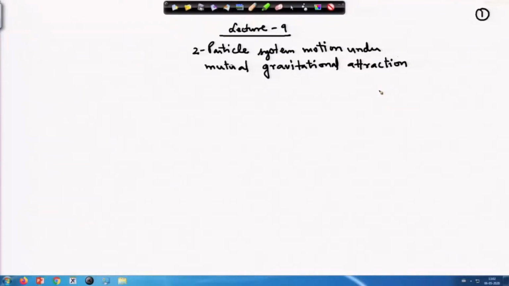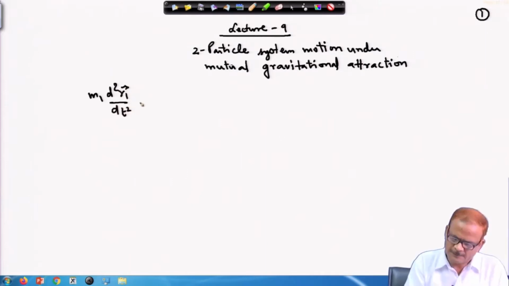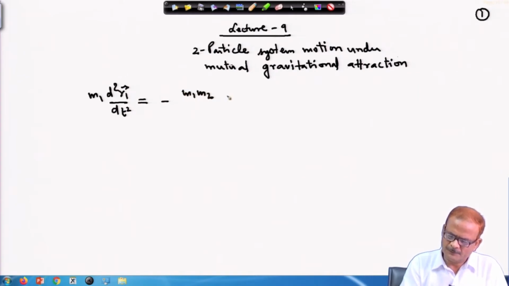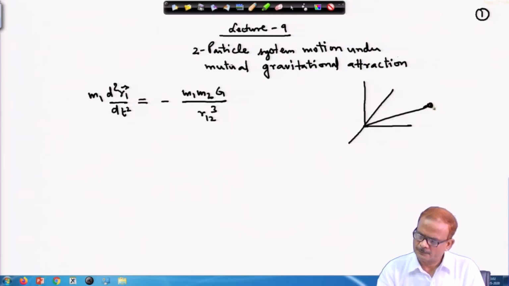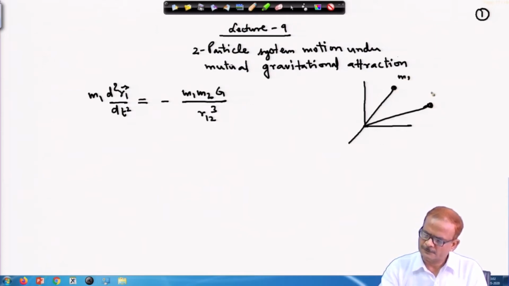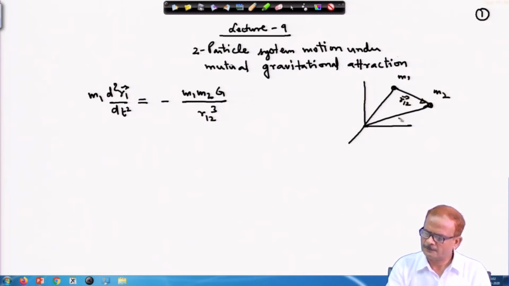Again, the starting point is the same as we have written: m1 d squared r1 by dt squared is equal to minus m1 m2 G by r12 whole cube. I will draw the figure here again. This is m1, this is m2, r12, this is r2, this is r1.